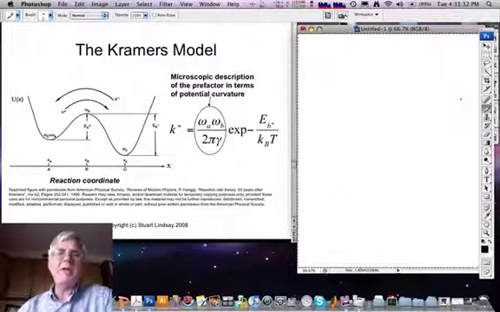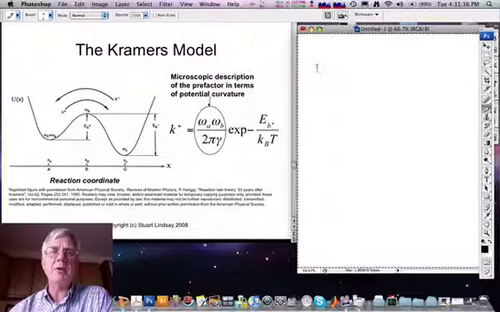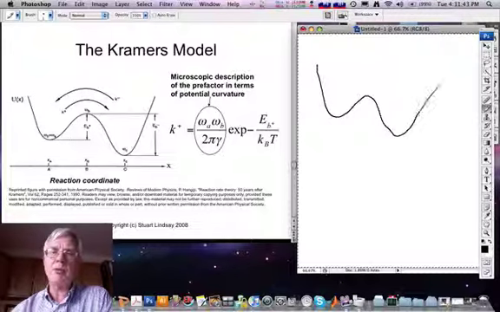So Kramers went ahead and solved the problem of the rate at which a particle stuck in a potential well like this, with a barrier to reaching a second potential well, would cross from here into the second well.